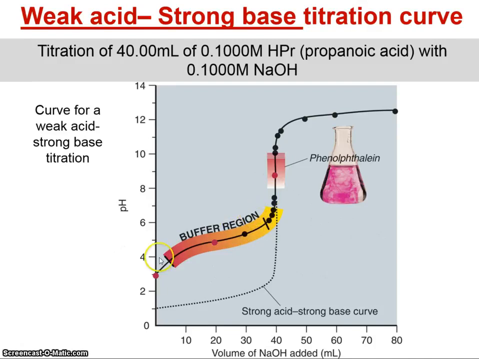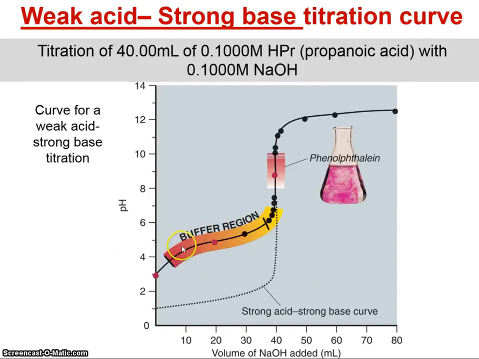But I can't use methyl red because I've got this long, slow, drawn-out part where, once I've added some of my strong base to my weak acid, I've got a conjugate weak base and the weak acid both in solution, and so I've got a buffer.